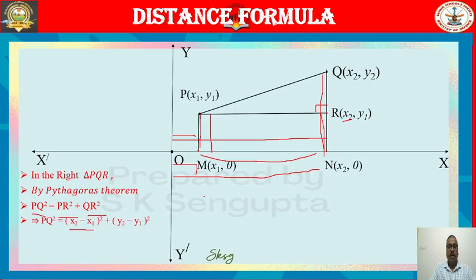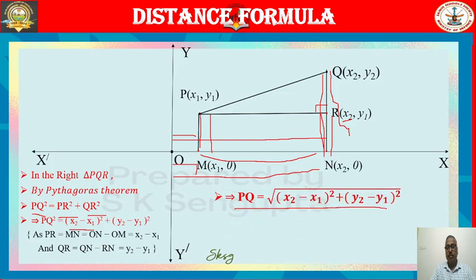ON is x2 from the y-axis, and the distance of point M from the y-axis is x1, so this is x2 minus x1. Similarly QR is QN minus RN, and RN is equal to PM, so this is y2 minus y1.